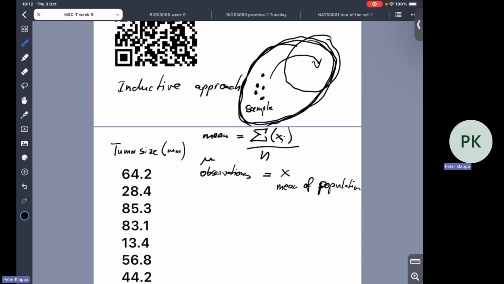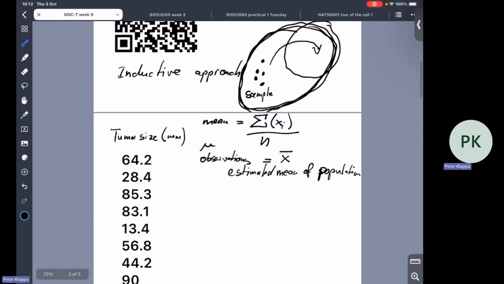So we would say this is the estimated mean of the population, and that is usually abbreviated with the sign x bar. So an x with a line on top. X bar just simply means this is an estimate from the sample for the population.